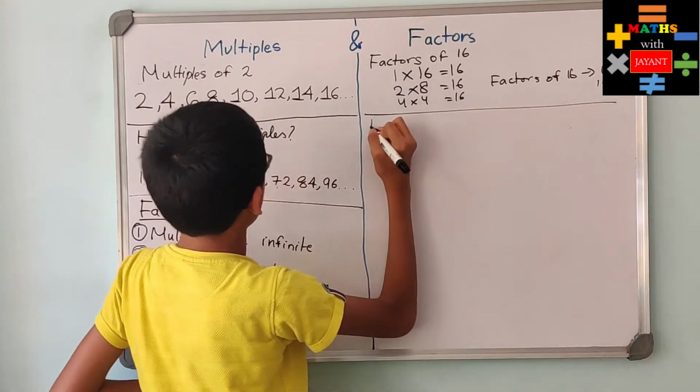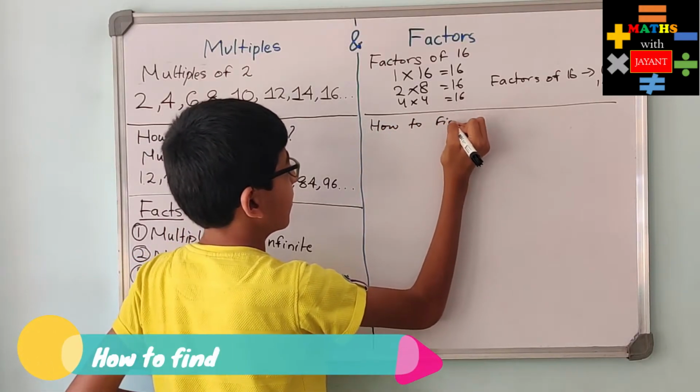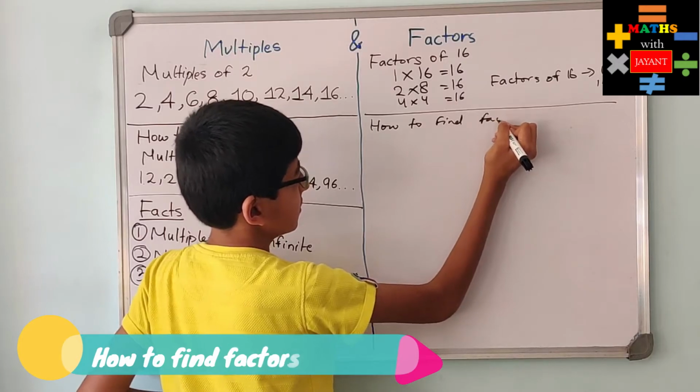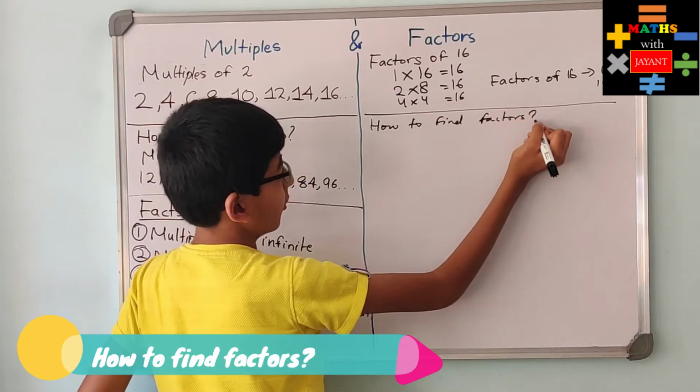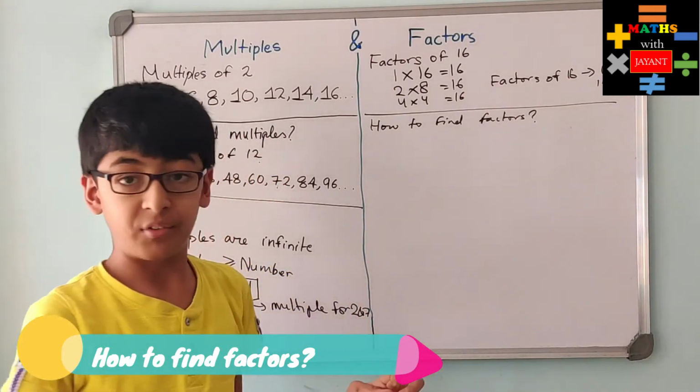Now let us check how to find factors when you are given the number. As we said, we multiply two numbers.